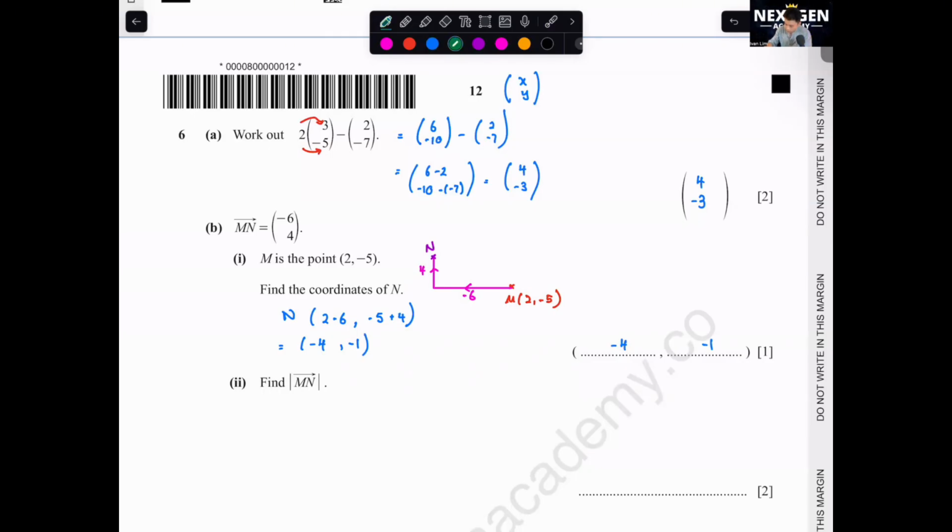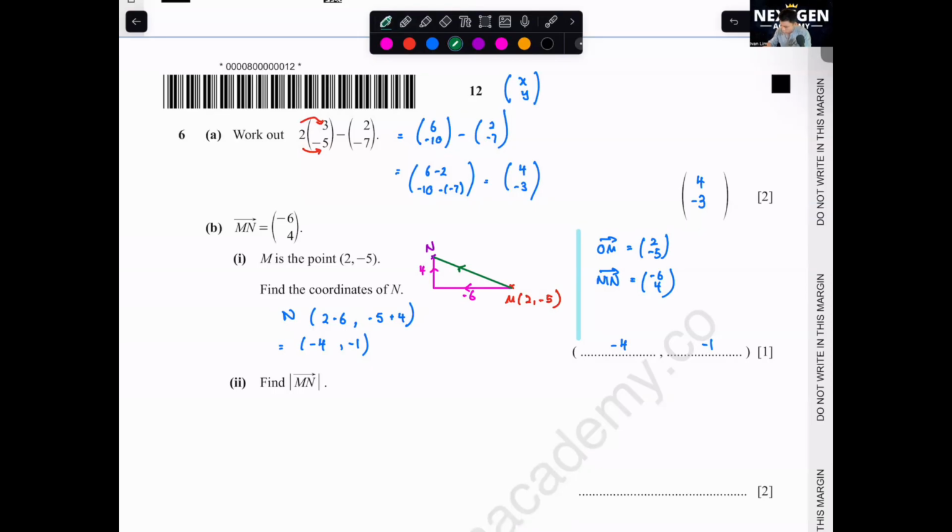Okay, the other way to think about it, you can think in terms of position vector also. But this is just a 1 mark question. Position vector means your point OM is 2, negative 5. Okay, MN is equal to minus 6, 4. This method I think it's a bit longer. But if you understand in terms of position vector, then we want to find what is ON.